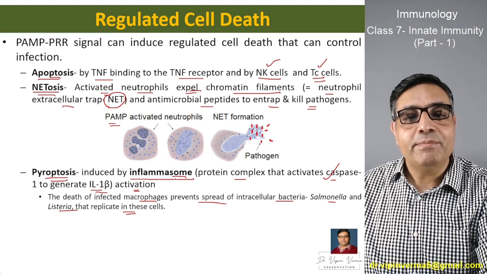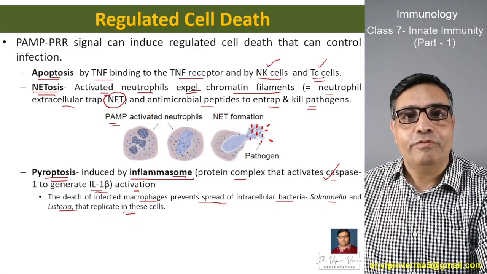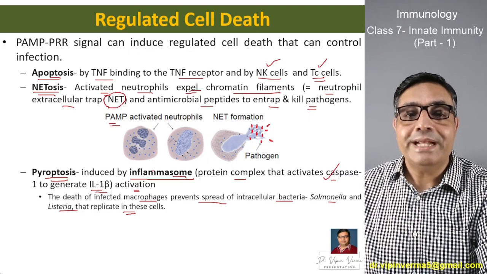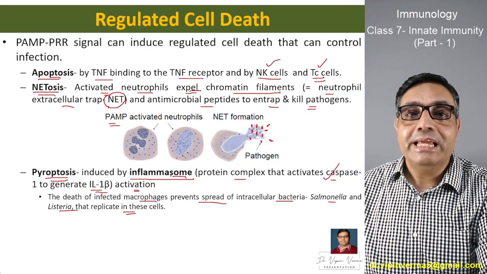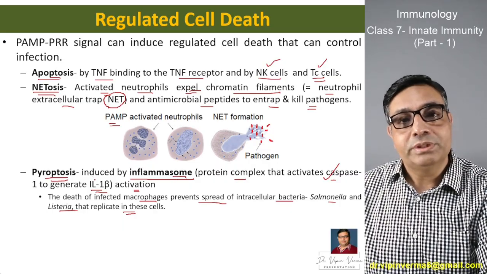They induce the inflammasome, which activates caspase 1, and this caspase 1 generates IL-1 beta, and ultimately that leads to the death of the infected macrophages, not the normal macrophages but the infected macrophages. So these infectious agents trigger pyroptosis.